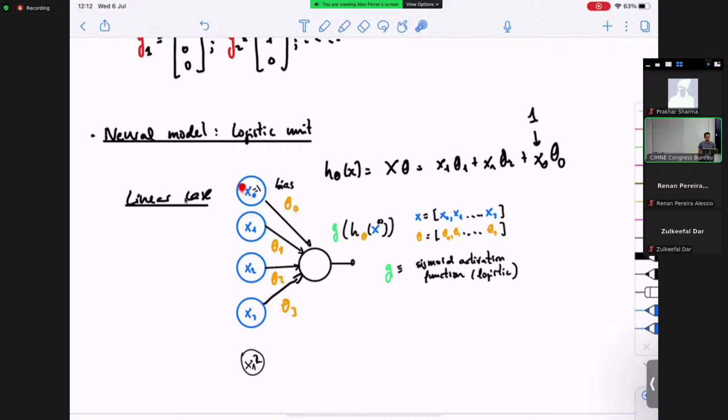Remember, theta 0 times x0. This number is 1, the column of ones you have put in x. Theta 1 with x1, theta 2 with x2, theta 3 with x3. Then we pass this through an activation function, or sigmoid function, that will give a number between 0 and 1. Here we will have 0 or 1. Here we have continuous numbers. Here also we have continuous numbers. We multiply, we sum all of them, we put it here, we pass the activation function, and we have a number between 0 and 1. This is what we call the logistic unit or neural model.